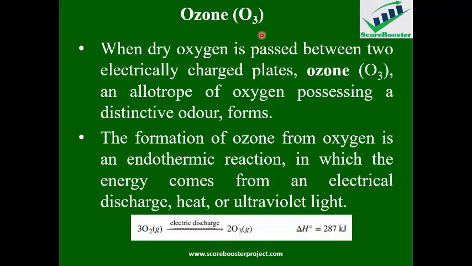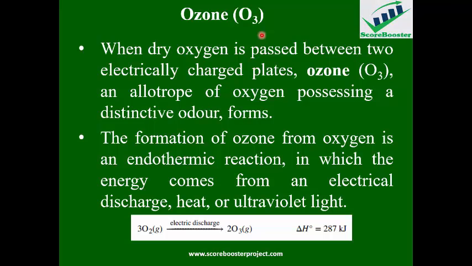How do they prepare ozone? Ozone is prepared when dry oxygen is passed between two plates that are electrically charged. And of course, this compound has an odor. The formation of ozone from oxygen is an endothermic reaction because, as we said, it uses electrically charged plates.